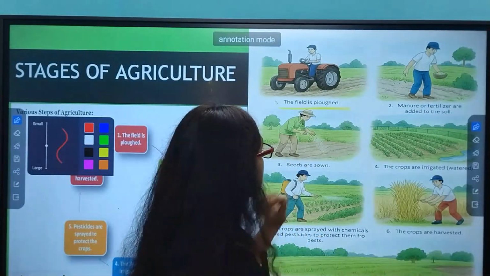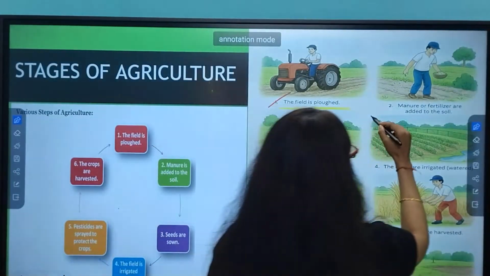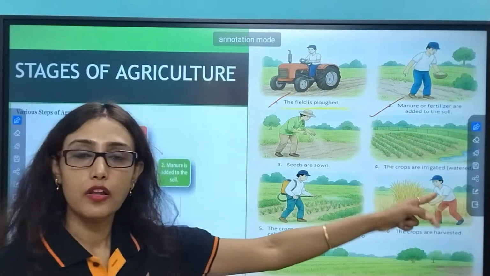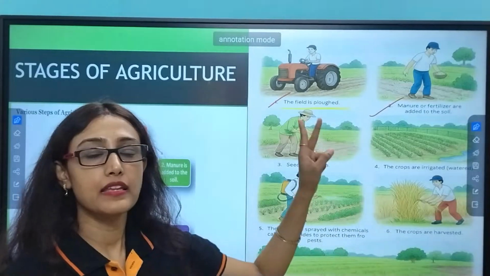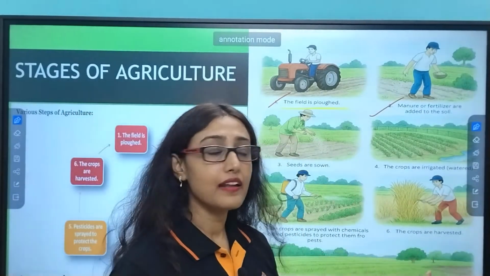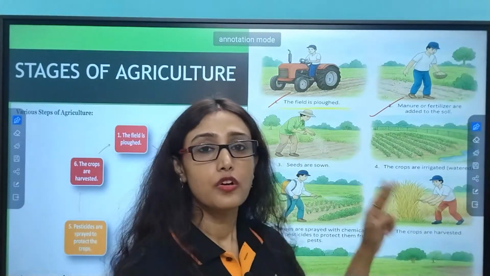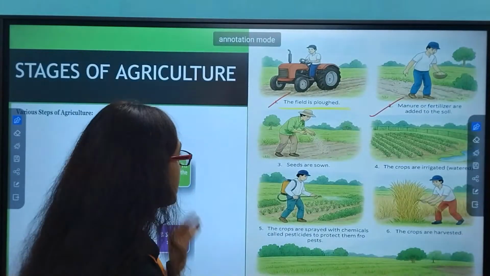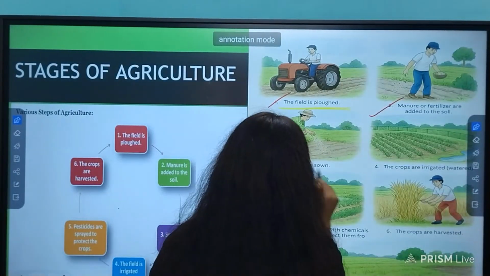Second, what is done? The manure or fertilizers are added to the soil. Why? Because manure and fertilizers are nutrients and organic mass which will be needed for the plant. Third, the seeds are sown.